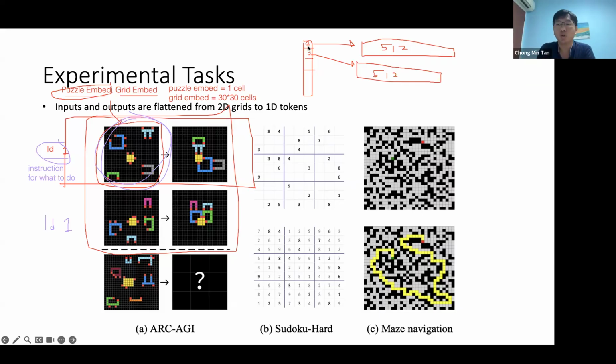And that's why if we want to do the holdout set for the ARC challenge, you kind of need to train this architecture on all the holdout set training data, because only then can you get this ID. So at test time, you can just supply this ID one here so that, given this grid, you can map to the output.